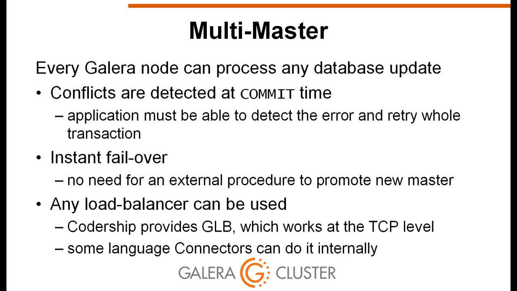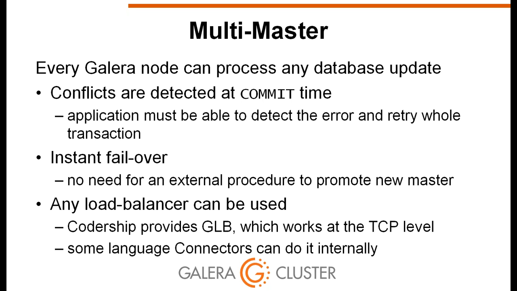If the application currently cannot do that for one reason or another, you can still use Galera in a single master mode. You can still direct all your updates to a single node, and then just take advantage of all the other benefits that Galera provides. And one of them is that since all the nodes are fully caught up to the master at all times, the failover is instant.